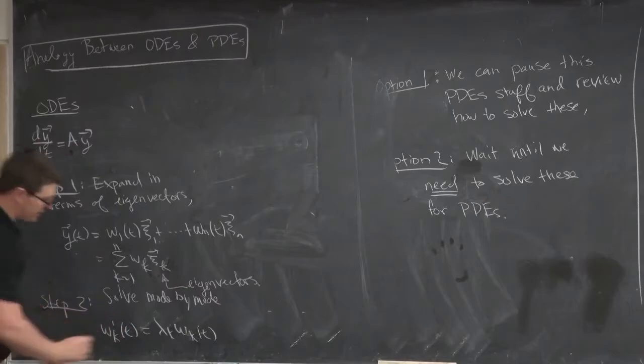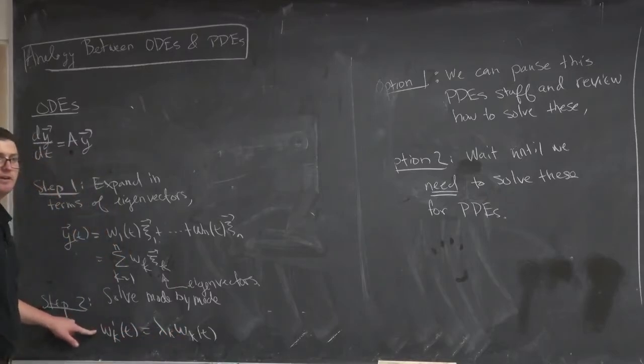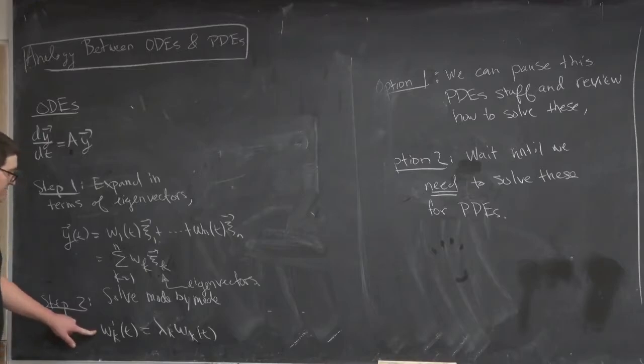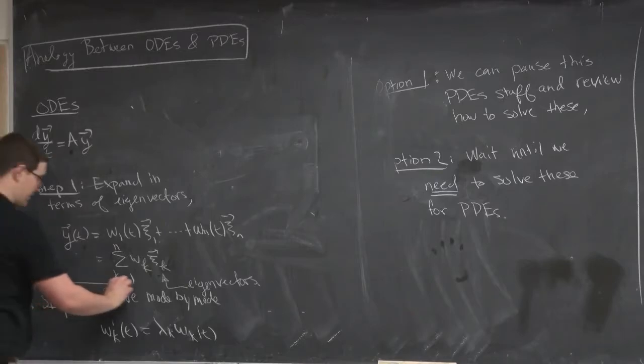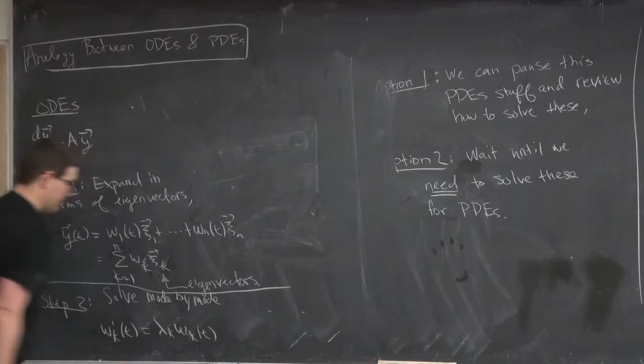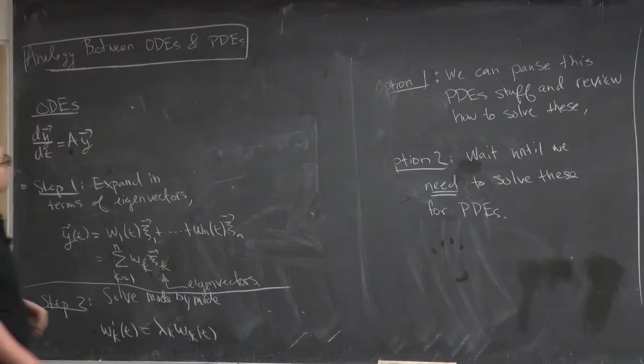These were easy to solve, right? So we had these very simple differential equations that resulted from expanding in terms of a basis of eigenvectors. So we had this step here, and then this step here. And so this is how we built up a solution of an ordinary differential equation. Cool? Okay.